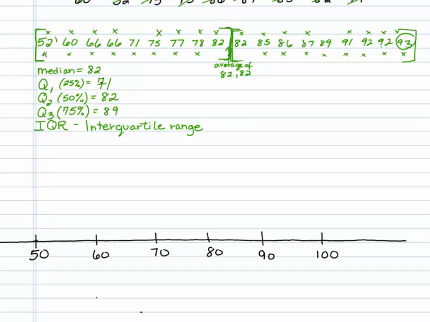So it kind of takes out the first 25% and the last 25% and sticks with the middle 50%. Interquartile range is like the range from 25% to 75%. That's your range that you're trying to figure out. So for us, we'd be using 71 and 89. Interquartile range. You subtract the two numbers, and that would give you the range.